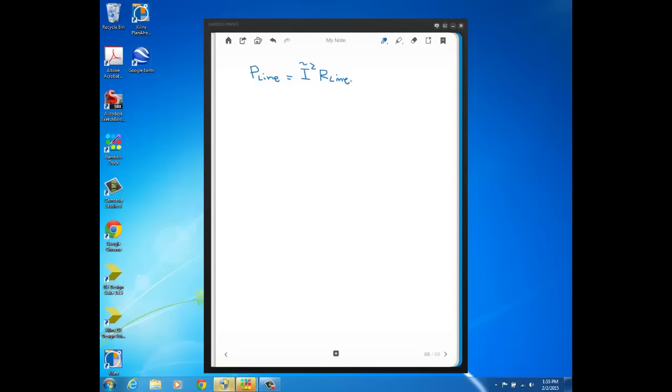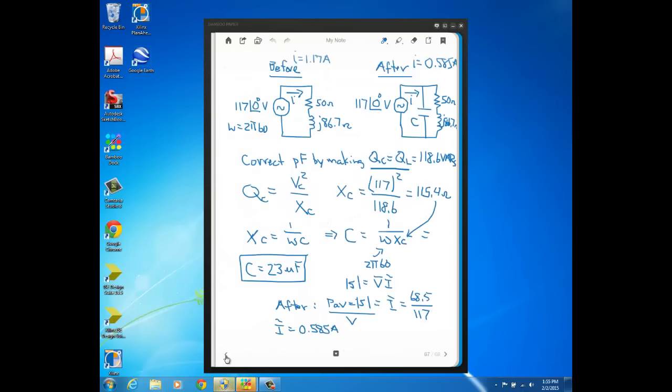And you see, this is important, and this is the main reason why correcting the power factor is done, because the power company, we go back to our previous circuit here, this source could represent a power company like PG&E, and this motor could represent a motor in a piece of equipment at a manufacturing place, let's say.